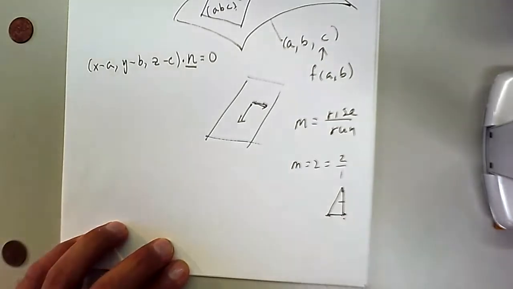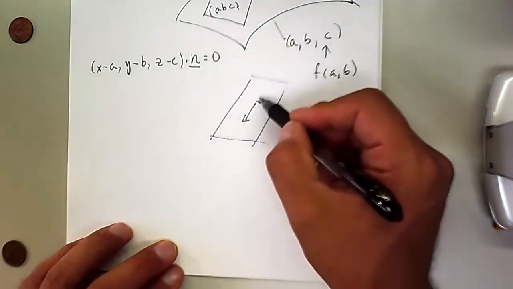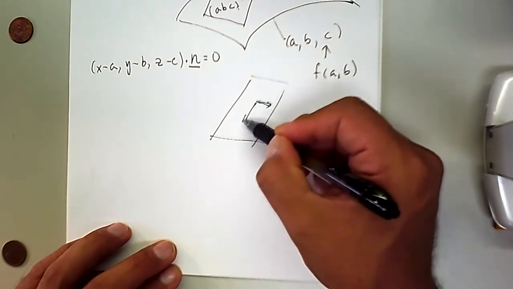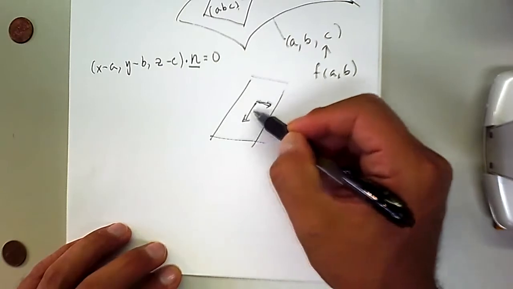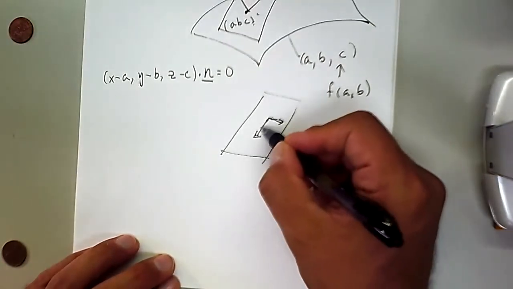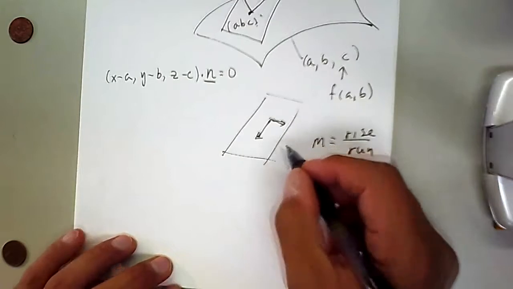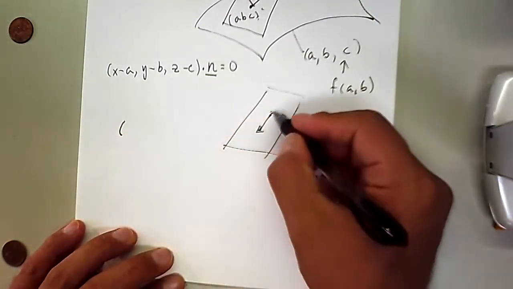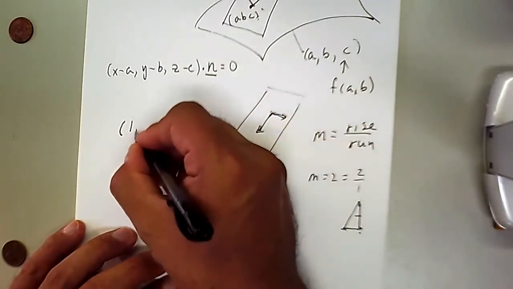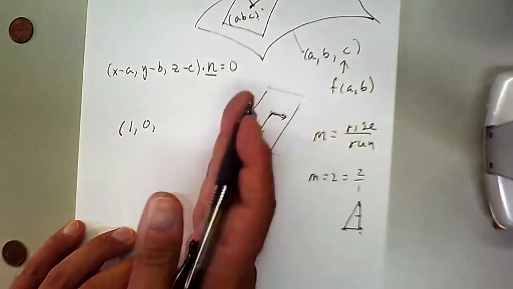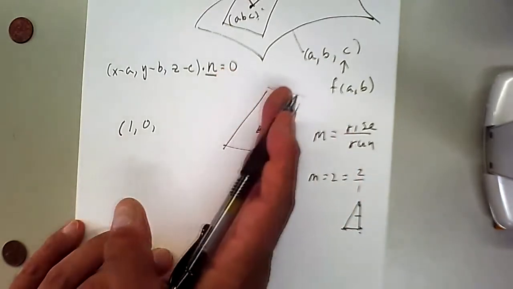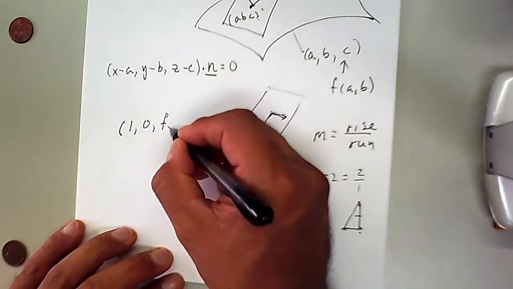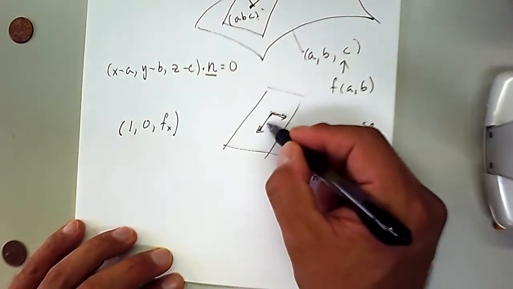Okay, so if this vector represents the partial derivative in the x direction, then this vector on the plane will have coordinates: 1 in the x direction, no y motion, not going left or right, and then f sub x up or down.